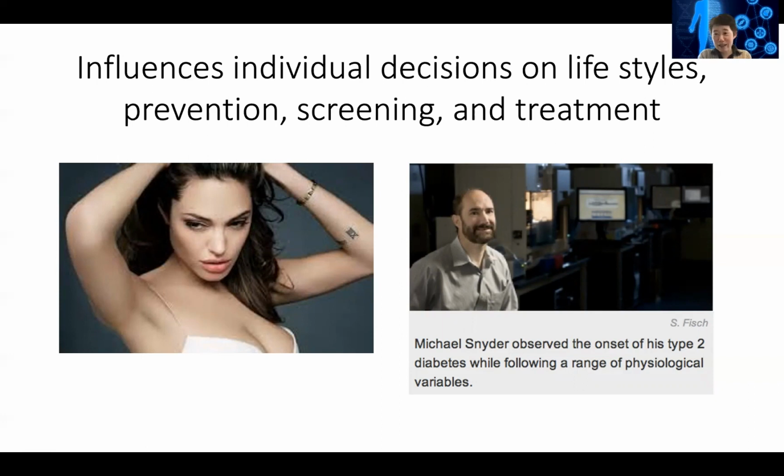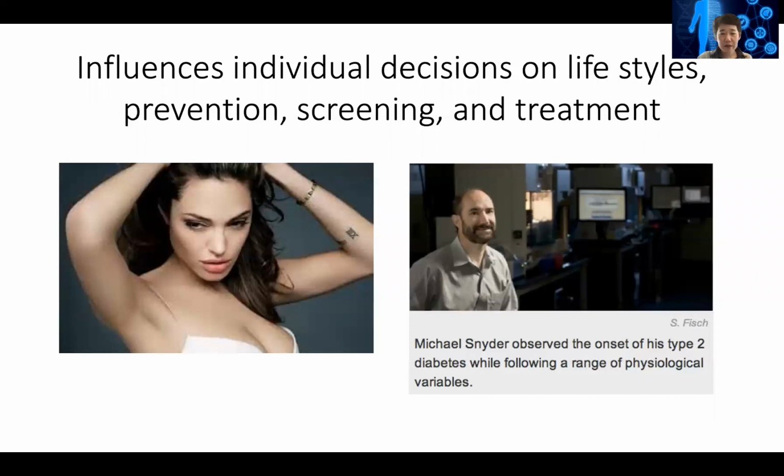And around the same time of the study, he actually saw some early warning signs of the onset of diabetes. And so he started changing his lifestyle, eating healthy, exercising, in order to cope with type 2 diabetes. So I think he's actually now still healthy, not having diabetes. And so the SNP profiling can help him make those lifestyle decisions.